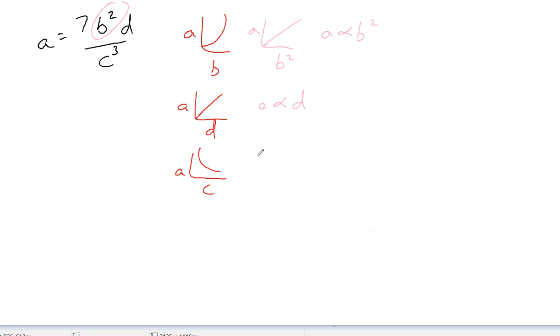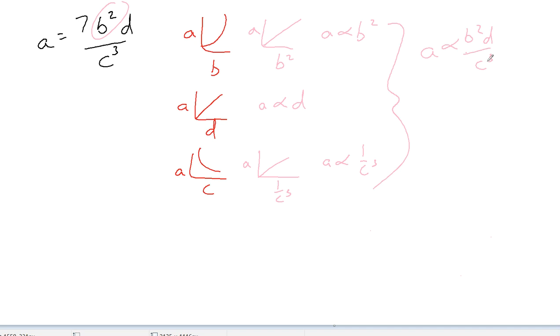But if I graph A versus 1 over C cubed, the entire nature of it, it would give me a straight line, which tells me that A is directly proportional to 1 over C cubed. Then I take these 3 things and piece them together: A is directly proportional to B squared D divided by C cubed. And that tells me how the variables all connect to each other.